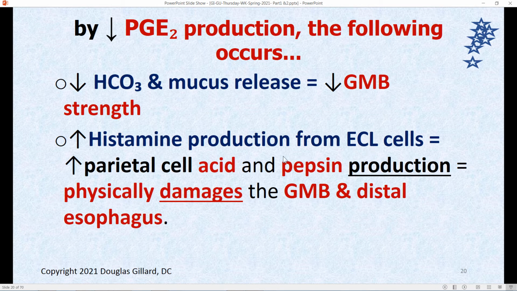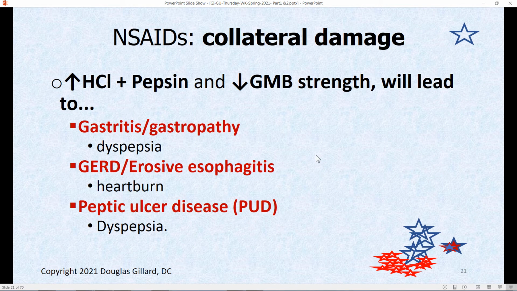And so your hydrochloric acid is going to be driven too hard. So double whammy, right? No gastric mucosal barrier to protect from hydrogen ion and the oversecretion of hydrogen ion, all because of PGE2. So that's why NSAIDs are no good. Or that type of COX-1 inhibitors, which is most NSAIDs.